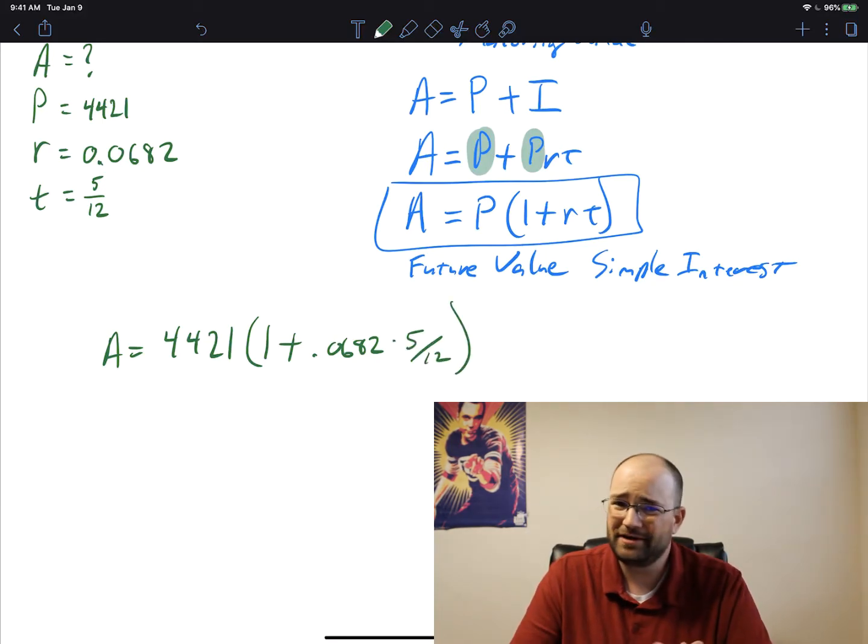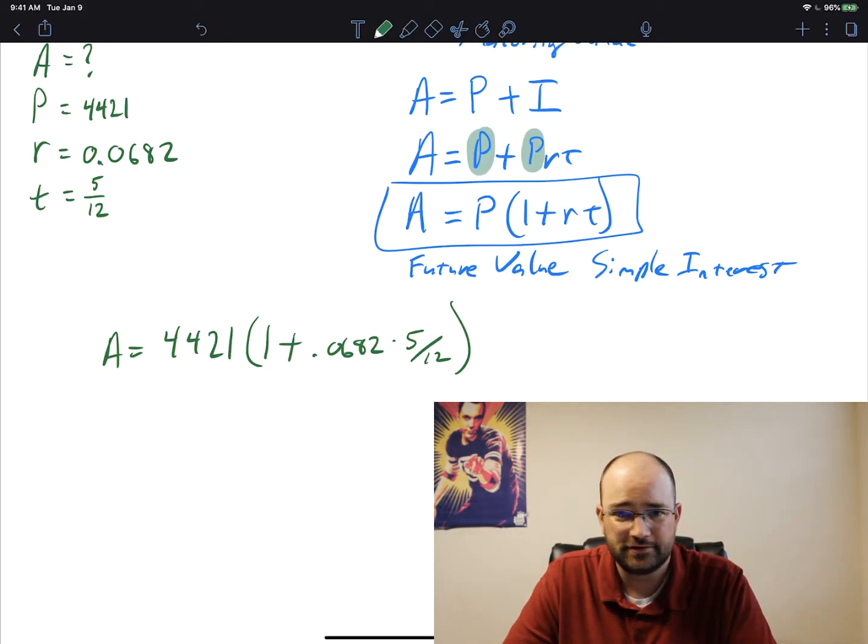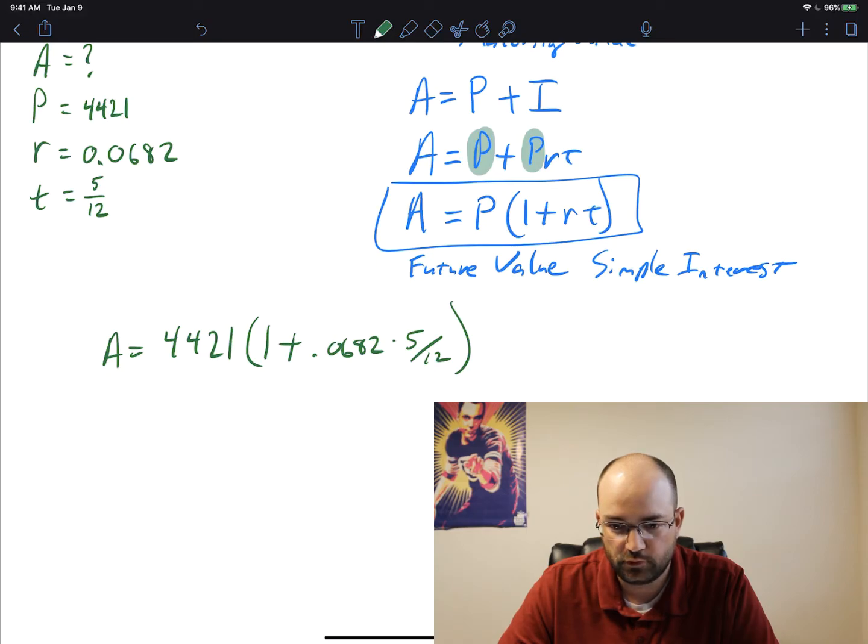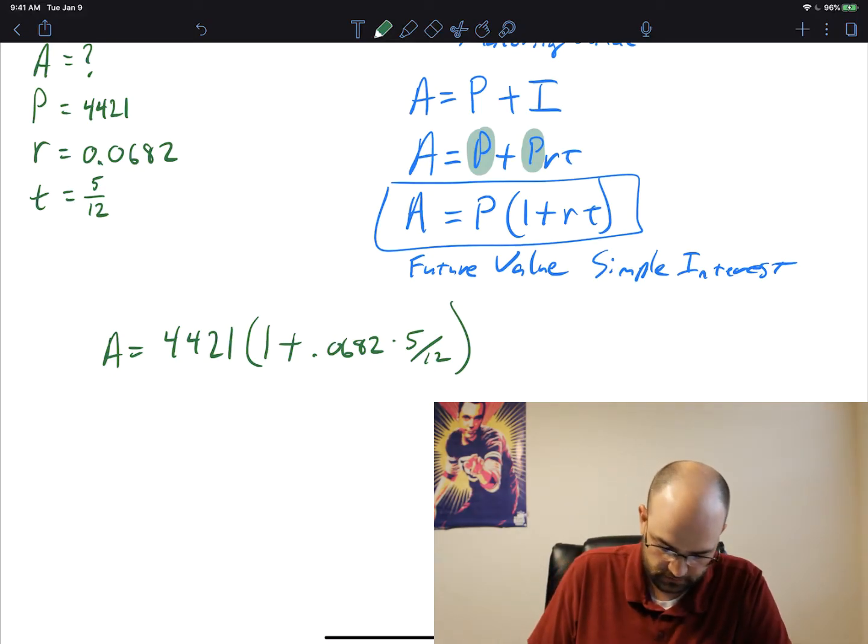And I'm not going to show typing this into the calculator. It's exactly the way it looks, and that's what I'm doing right now. I'm typing in 4421 parentheses 1 plus 0.0682 times 5 divided by 12. Close parentheses. Click enter. Good.